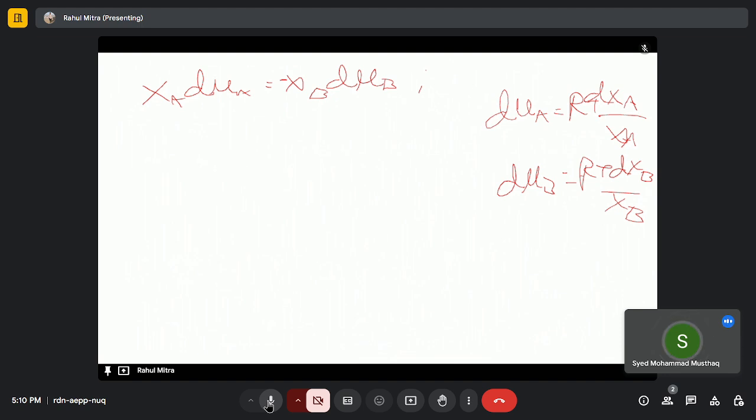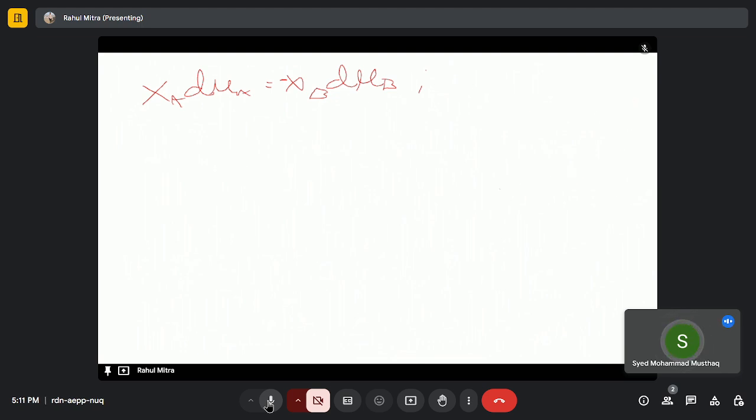Now substitute that here. It will show the Raoultian behavior, so let's not take that. It will again be the same as the Raoultian. We can derive the Raoultian law from here.